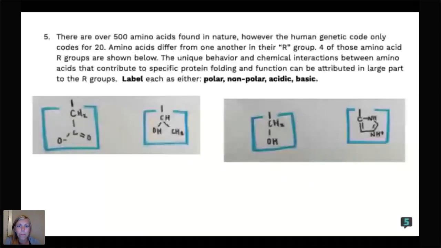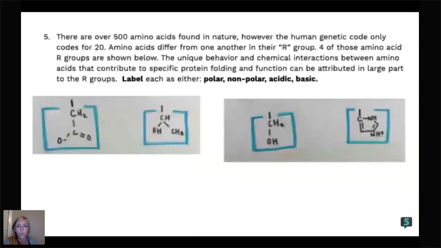The prompt says there's over 500 amino acids in nature. However, the human genetic code only codes for 20. Amino acids differ from one another in their R group, and 4 of these R groups are shown below. Sorry, I didn't draw all the amino acids because that would have been a little ridiculous. So we're just looking at R groups, which is okay because the prompt says unique behavior and chemical interactions between amino acids that contribute to specific protein folding and function can be attributed in large part to the R groups.